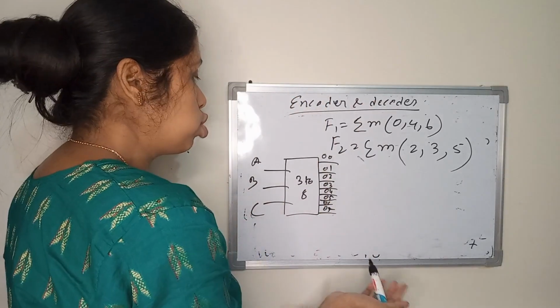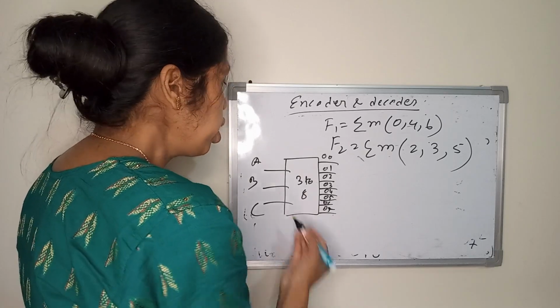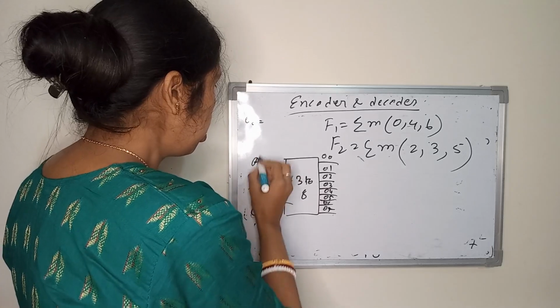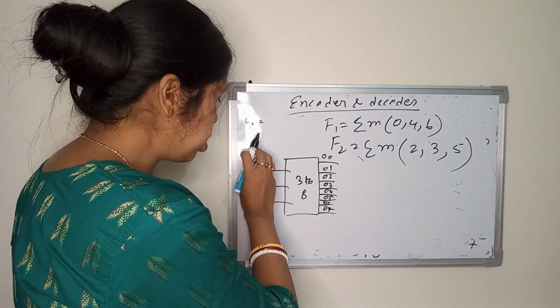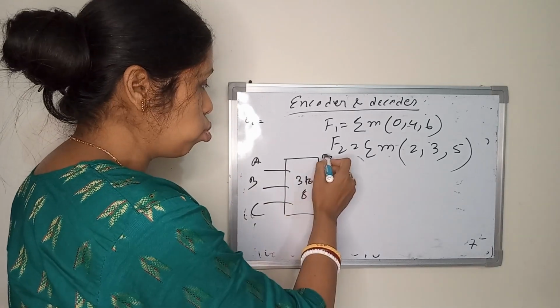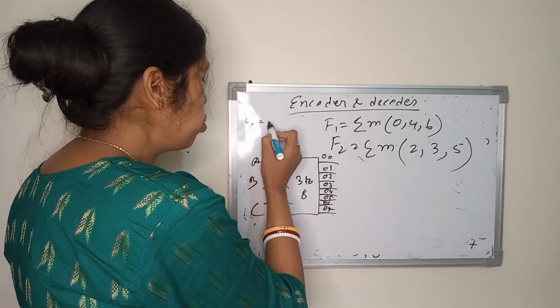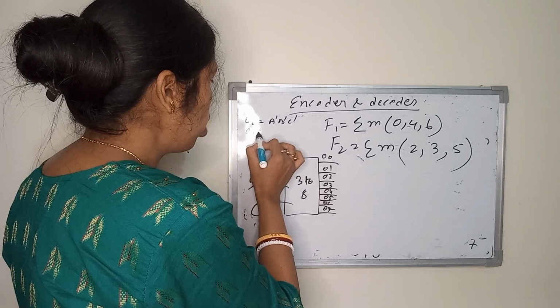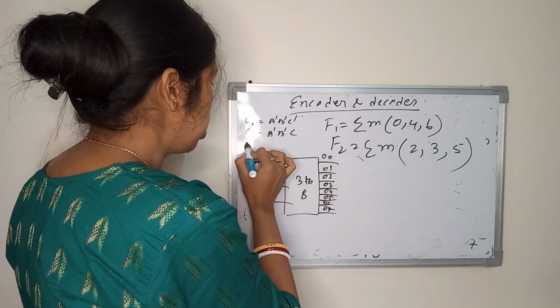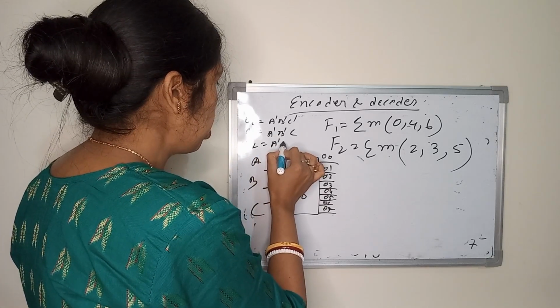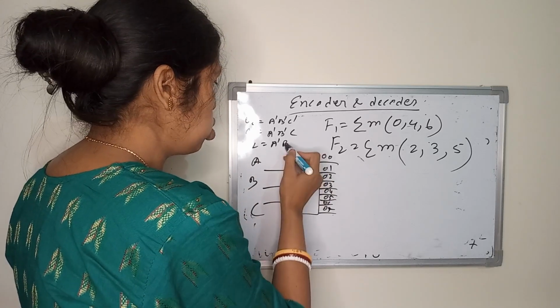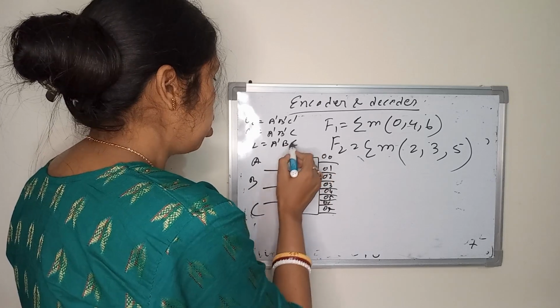If you want to recall the truth table of the 3 to 8 decoder, when you are sending 0 0 0, your O0 will be 1. What will be O0? O0 will be A prime B prime C prime. O1 will be A prime B prime C. O2 will be A prime B C prime.